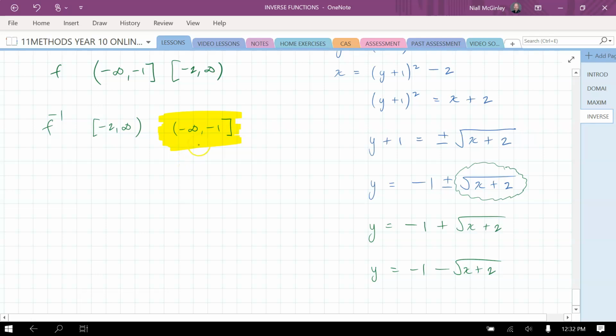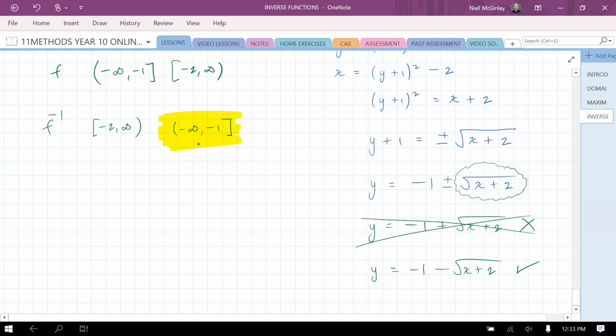Because our range is going between negative infinity and negative 1, this is the only way that we can get values between negative infinity and negative 1. The other would not work, because it wouldn't give us values within our range. So therefore, we can eliminate this answer.